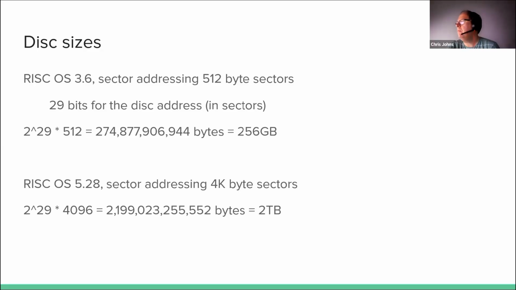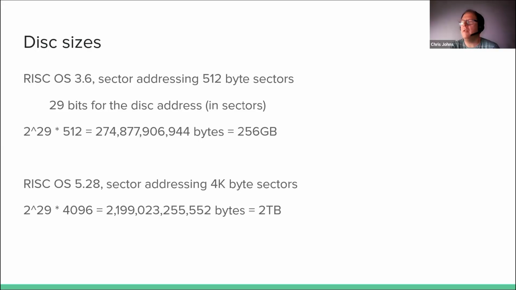And then I said 5.28. It might have been earlier, because I think it was a Titanium with 4K sectors. You have 29 bits still, but each bit will get you a sector of 4K. So you have the 2 terabyte limit, which I think is as much as you're ever going to get realistically on a FileCore disk.